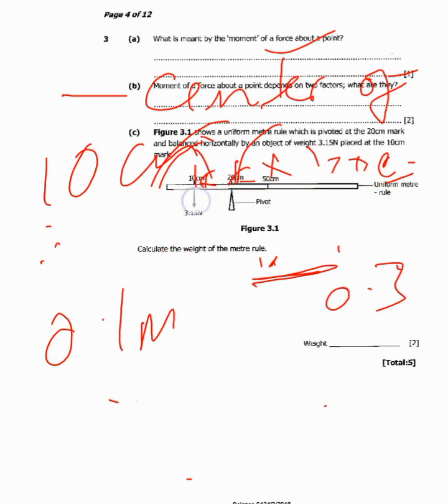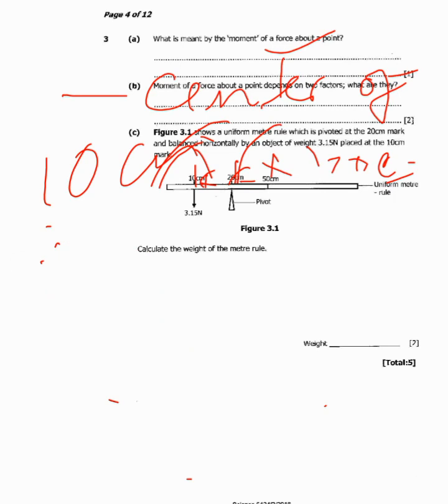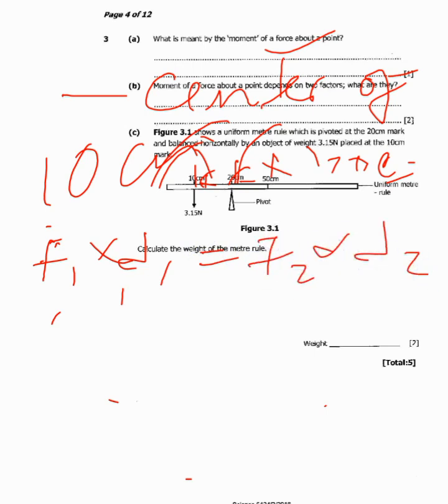All right, let's go to the calculations. Remember we do not need to forget the formula: F1 times D1 is equal to F2 times D2. This F2 is the weight that we want to calculate, which is on the 50 centimeter mark.